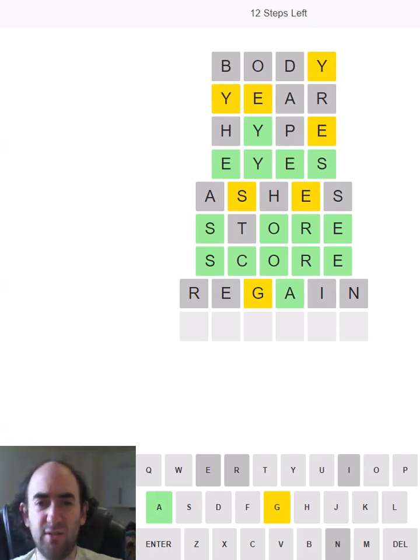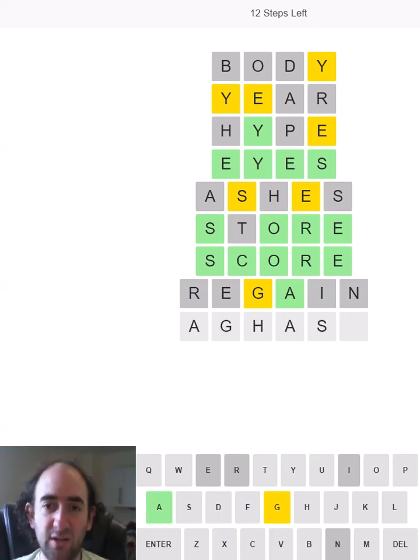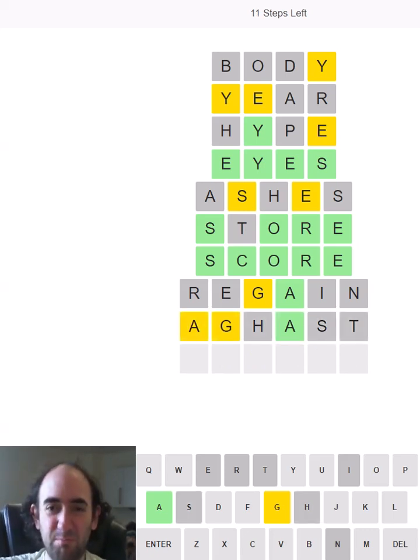So is it going to start with a G? Can't be an AGE ending either, so that's quite interesting. It could be a duplicated A. Aghast. I'd be aghast if it's correct and I don't go for it, but of course it's not remotely correct.